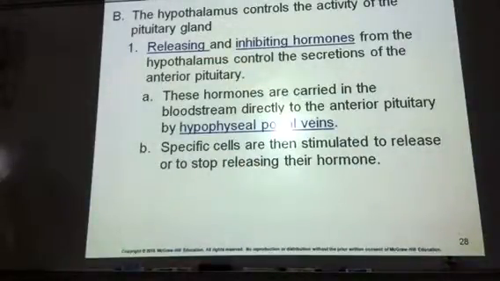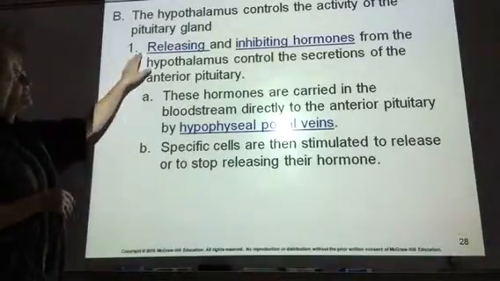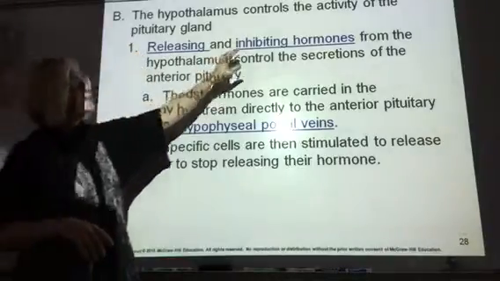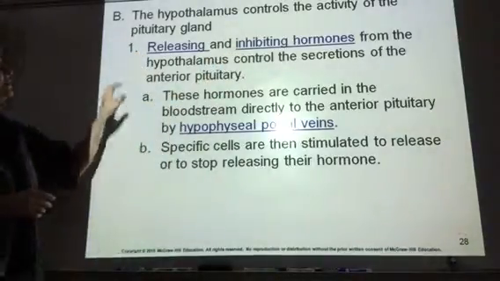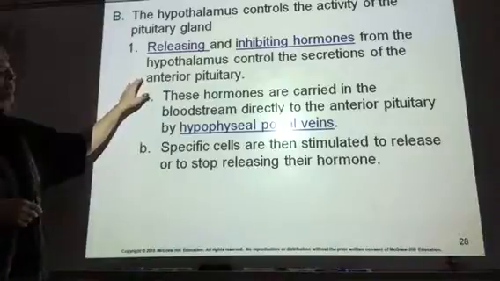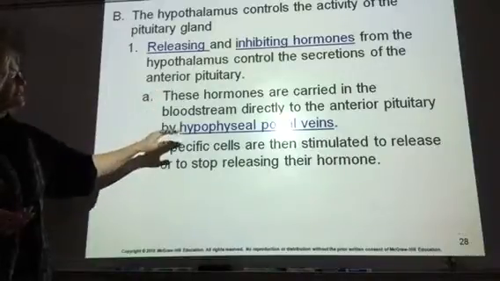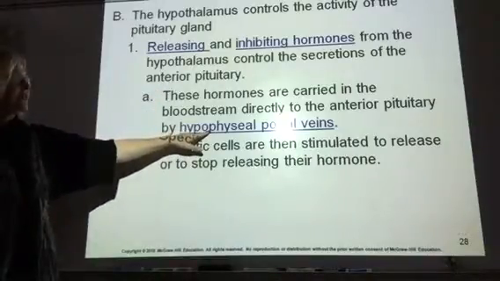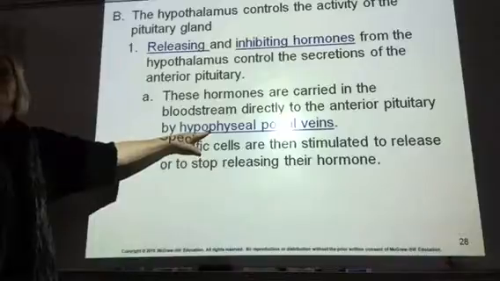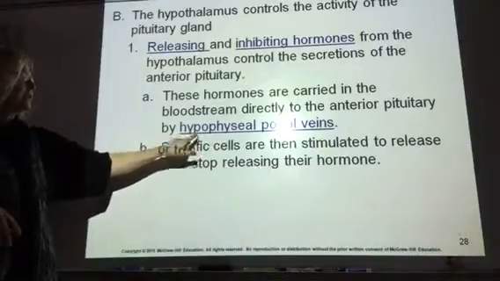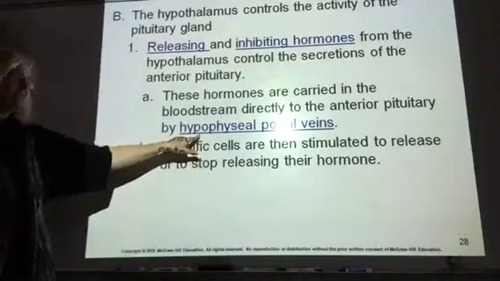The hypothalamus, like that diagram, controls the activity of the pituitary gland. So releasing hormones and inhibiting hormones from the hypothalamus control what happens in your pituitary. The hormones are carried to the bloodstream. There's actually veins that attach directly to your pituitary gland, and those are called hypophyseal veins.